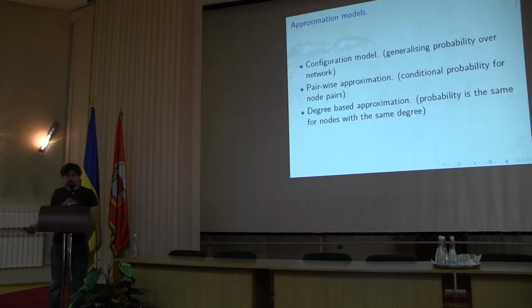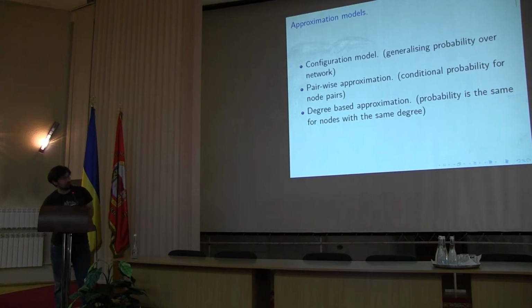And of course, there are also some approximation approaches to this problem, and three of them are, I think, the most popular. First one is the configuration model. When we have some particular network, we can generalize the infection rate or probability over this network. So here we also have a constant beta, but this constant beta will depend on the network structure.